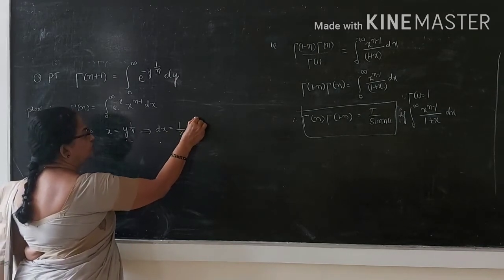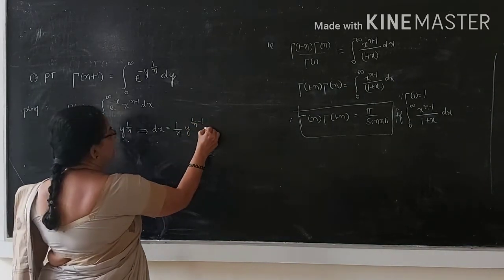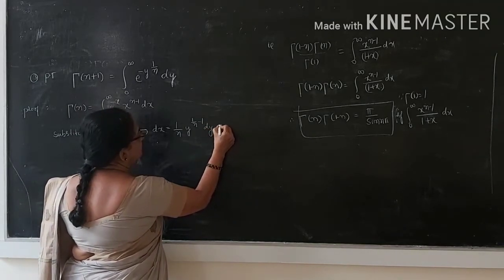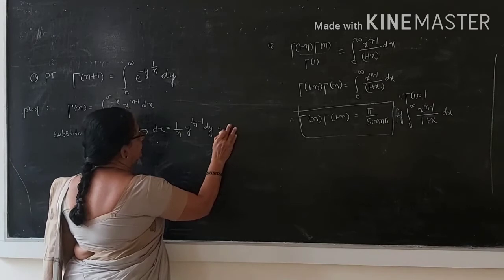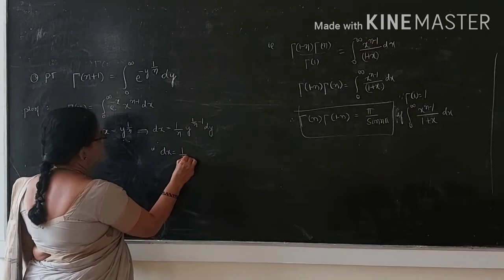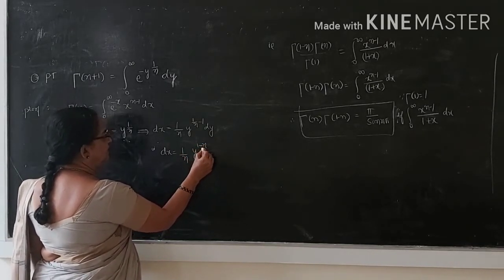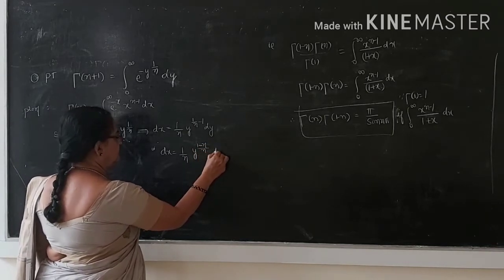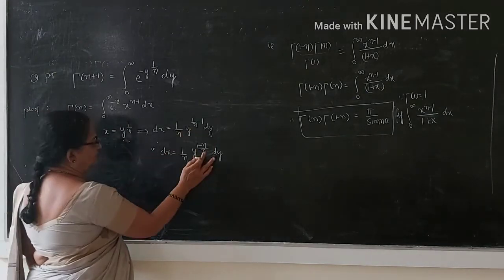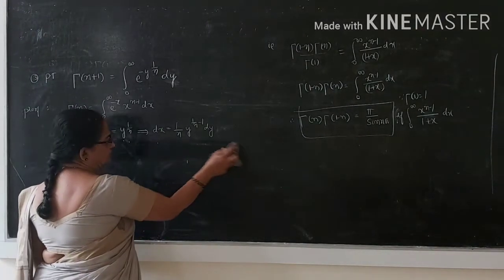This is 1 by n into y to the power of 1 by n minus 1 into dy. That is, dx is equal to 1 by n into y to the power of (1 minus n) divided by n into dy. There is no necessity of writing this step also, I think.